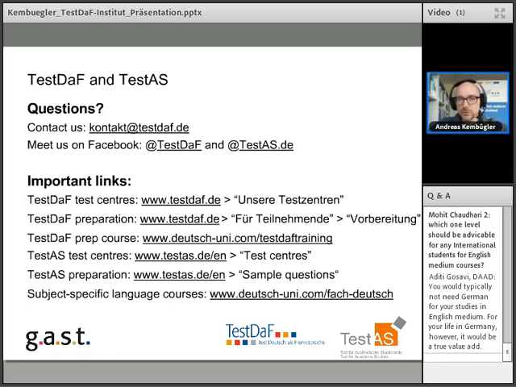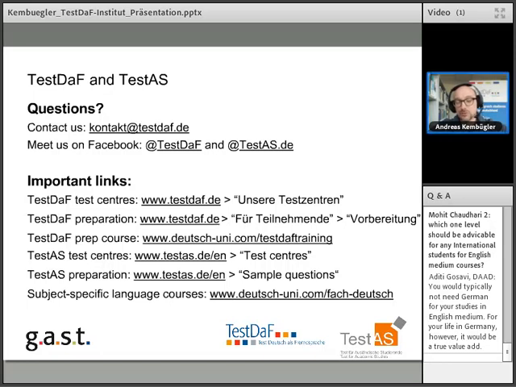As I heard here in Germany, there are a few universities which accept the Goethe certificate C1 because it's on a higher level. But the Goethe certificate C1 is not an official study application certificate.